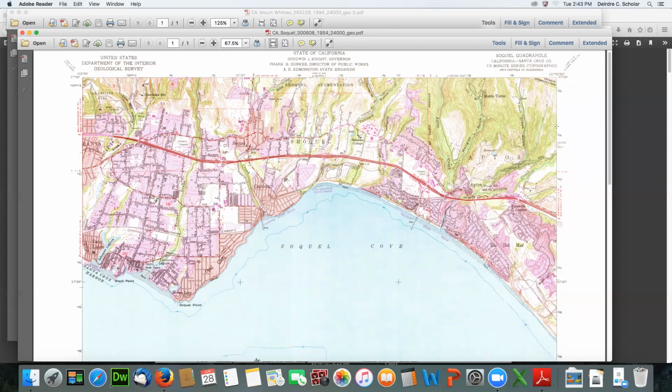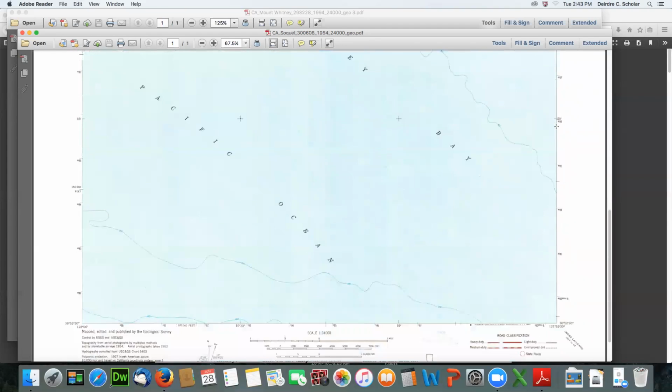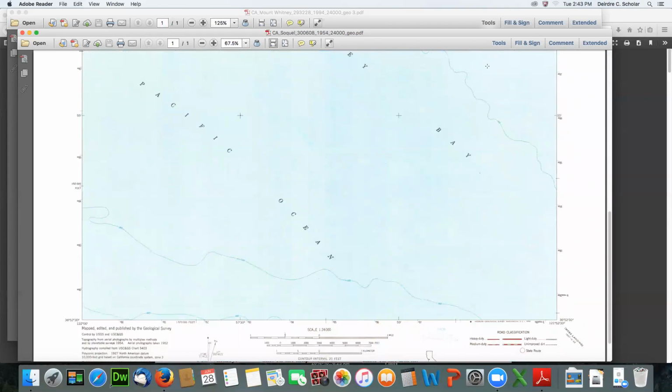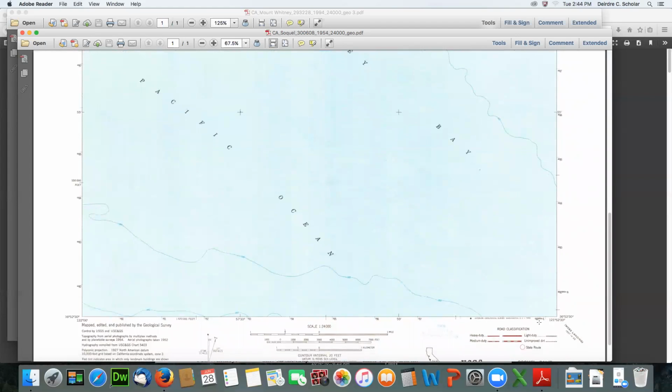As we move to the southeast corner of the map, the latitude has indeed changed because we have now gone down southward towards the equator, so the values of latitude are decreasing. The latitude here is 36 degrees, 52 minutes, and 30 seconds north.